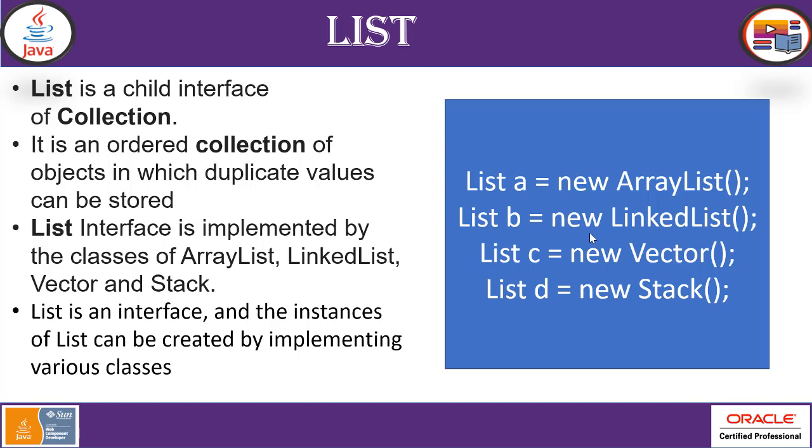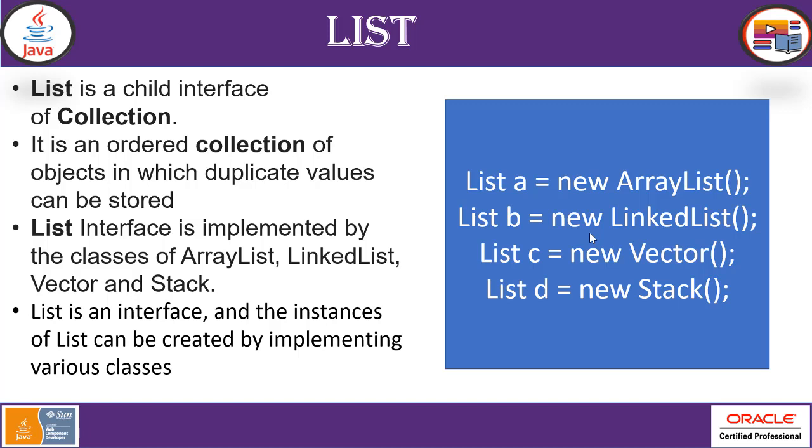Before we get into detail, let me give you a quick review about interfaces. We are going to cover interfaces and abstract classes in the next session soon. For now, just to understand, an interface contains method definitions which you can override in your classes or use in your classes. So list is an interface which contains all these method definitions that we are going to implement in our classes.